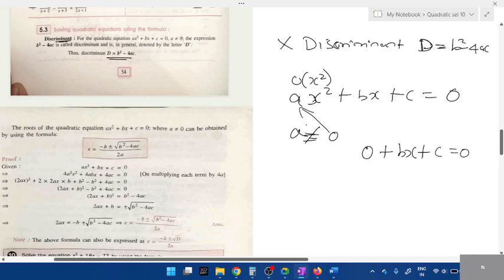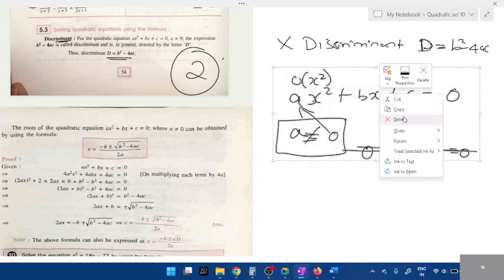So according to quadratic, what's the basic rule of quadratic? Any one degree should be how much? Degree should be 2. If a becomes 0, there is no degree 2, it is gone. So this doesn't satisfy a quadratic equation. That's the reason they mention a should not be equal to 0. Okay, this is just for you all to understand. We don't use this in the problem. Next.